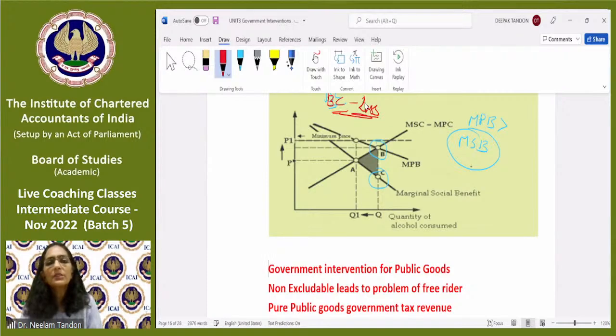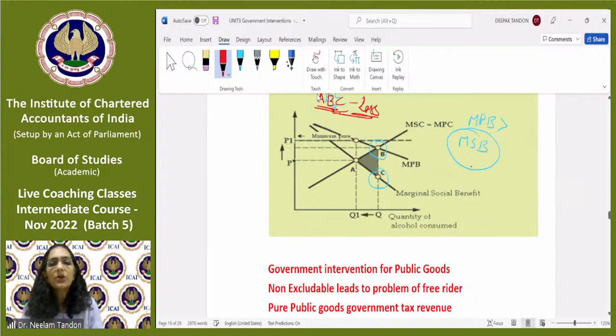This is loss because marginal social benefit is less than marginal private benefit. So in this case, this triangle ABC depicts loss.